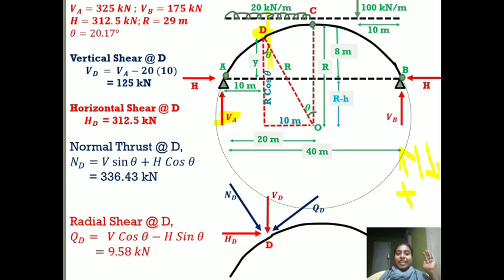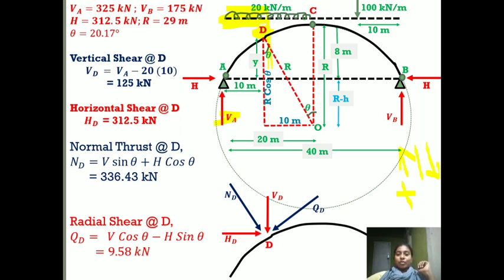So VA is taken as positive. The next vertical load is 20 into 10. This is left downwards when considering the section D, so it is taken as minus. So vertical shear at D is equal to VA minus 200.